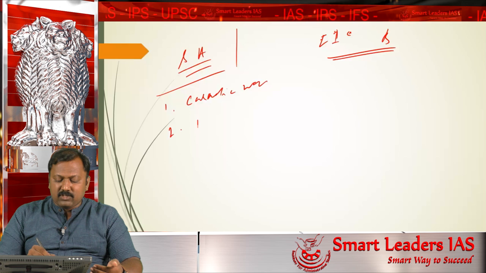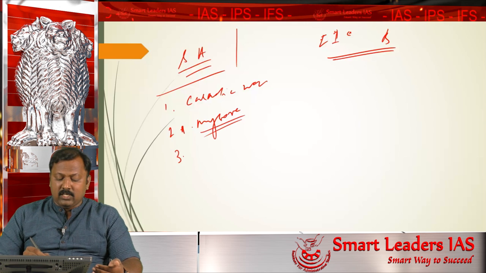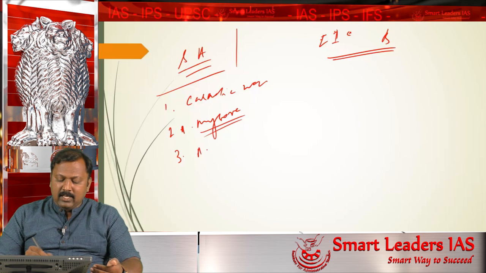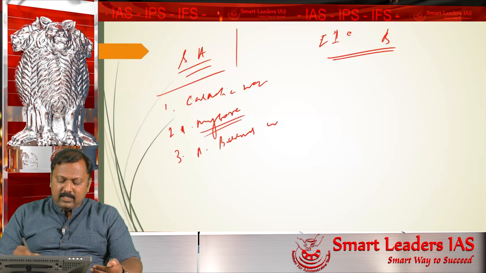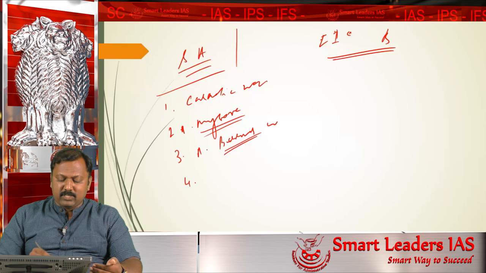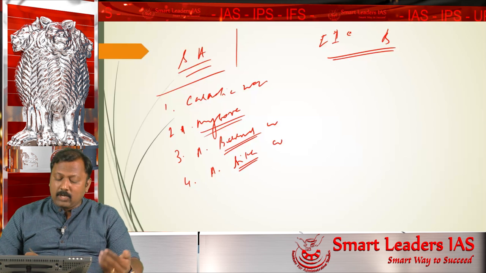Then they fought wars with Mysore, called the Anglo-Mysore Wars, and Mysore was annexed after this. Then there was the Anglo-Burmese War, in which Burma was annexed, and the Anglo-Sikh War, after which Punjab was annexed.